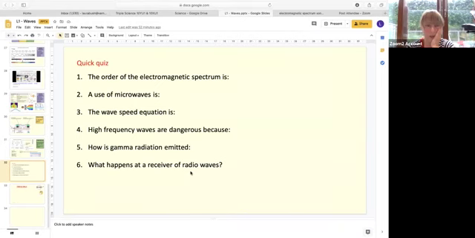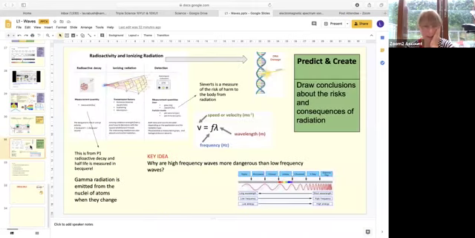I've just noticed that there were some questions that I forgot to mention a poll on, which is: how is gamma radiation emitted? It's this little bit of the slide that I missed out on, from P1. When unstable atoms break down, they emit three types of radiation: alpha, beta, and gamma.